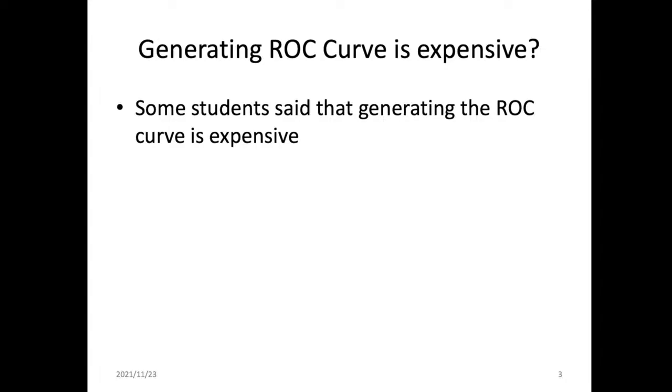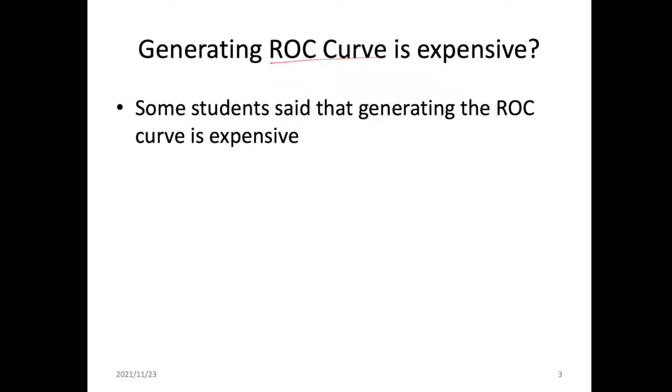We got a question. We talked about the ROC curve a couple of weeks ago. Remember we said that the ROC curve considers all the possible thresholds in computing the true positive rate and false positive rate, and connects all the dots together.